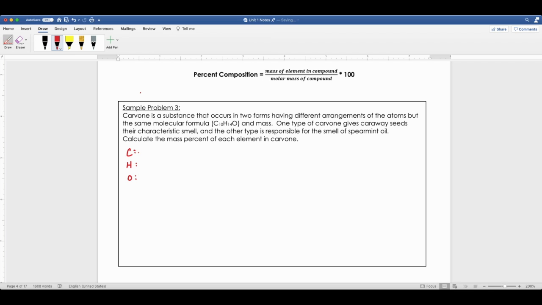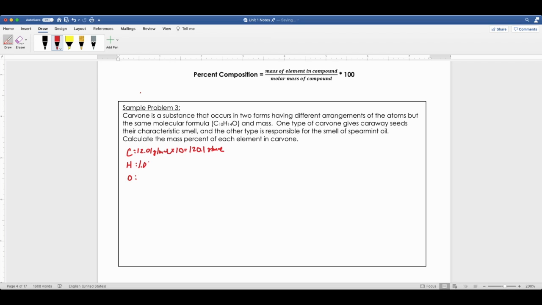So I'm going to start off with carbon, and carbon's molar mass is 12.01. And carvone contains 10 carbons in this compound. So I'm going to multiply carbon's molar mass by 10, and I get 120.1 grams per mole. So of this whole compound, 120.1 grams of the total molar mass comes from carbon.